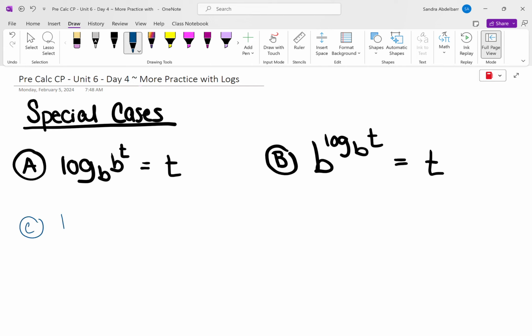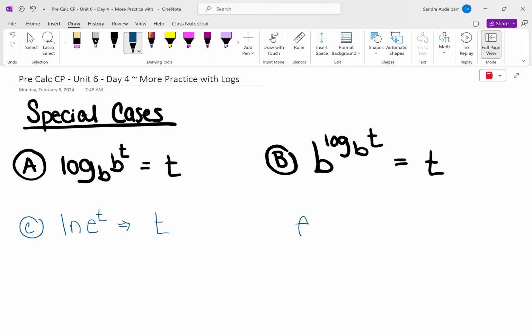So if I have the ln of e to the t, that's t.